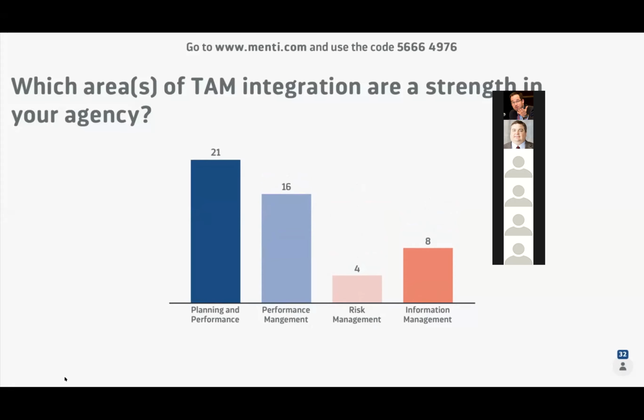So thank you for jumping in and starting this. I can see that planning and performance is coming out well ahead at the moment, but there is a distribution across there.